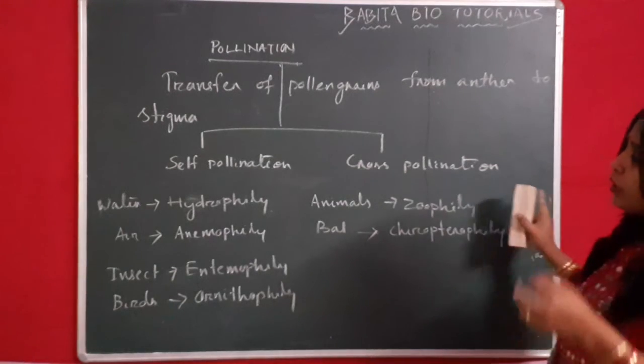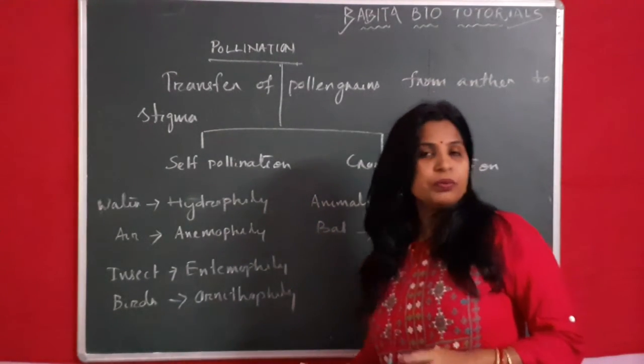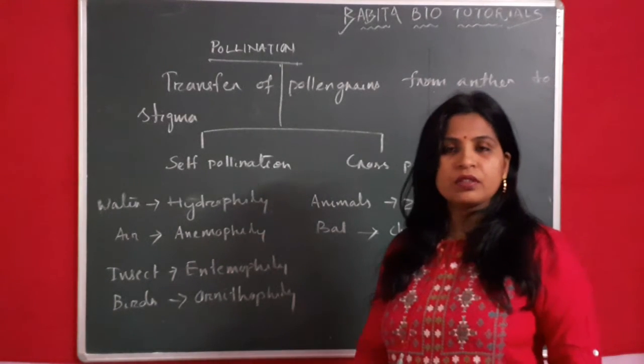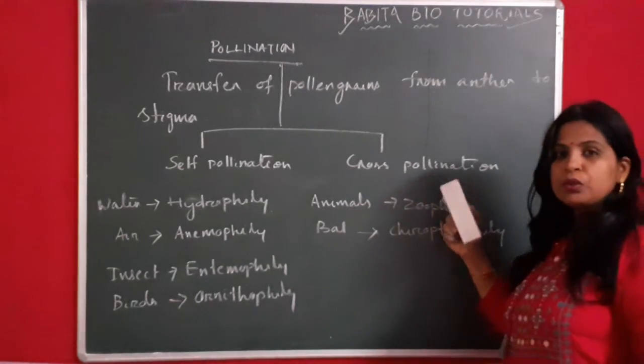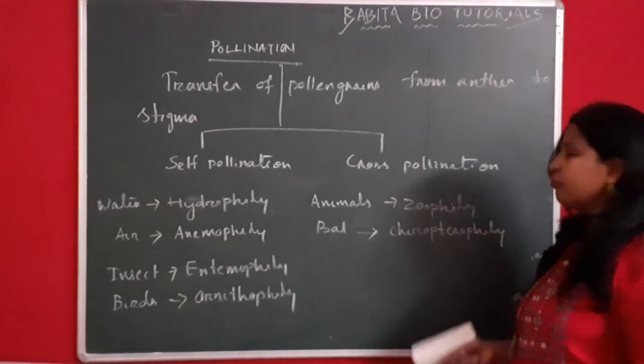Now, what are the advantages of a self-pollinated flower? When the flower undergoes self-pollination, fertilization occurs for sure, and as a result seed will be formed. But in cross-pollination, since it depends upon some agent, the seed may or may not be formed.